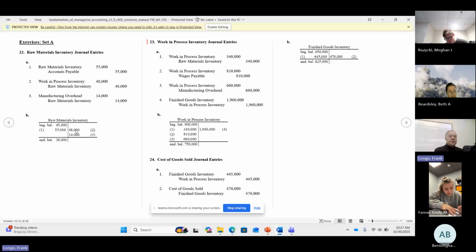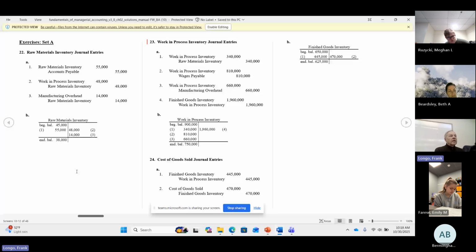Debit that for $14,000 and credit raw materials inventory for $14,000. When we post that to the raw materials account, here's the credit to raw materials inventory. There would be another account for manufacturing overhead, and that would be debited. But they asked about raw materials.